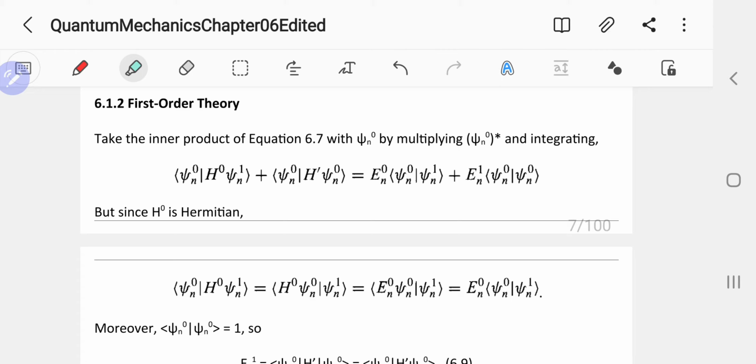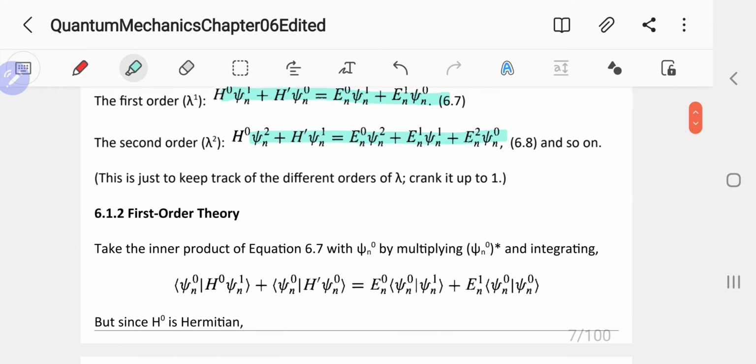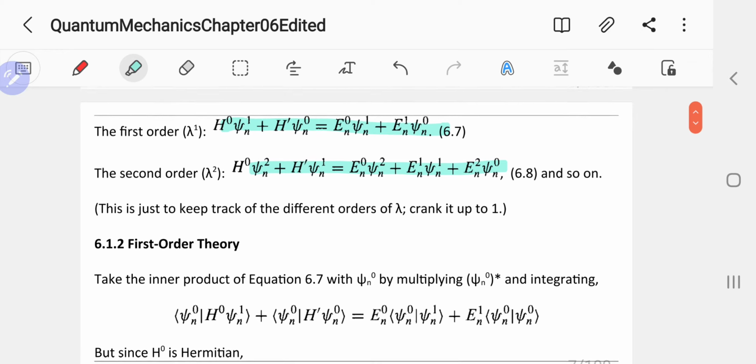So take the inner product of equation 6.7, we go back to it, with phi n0, the original wave function.